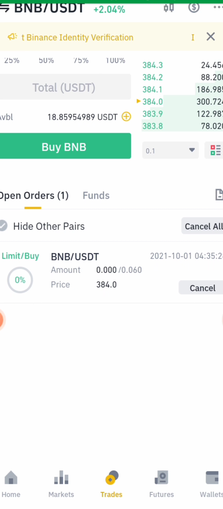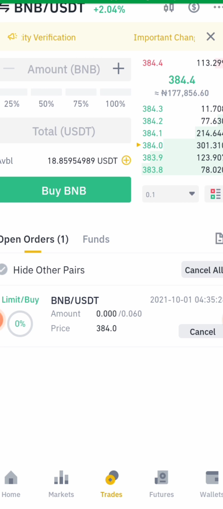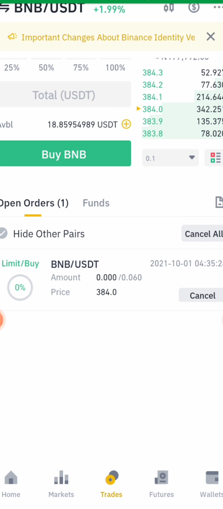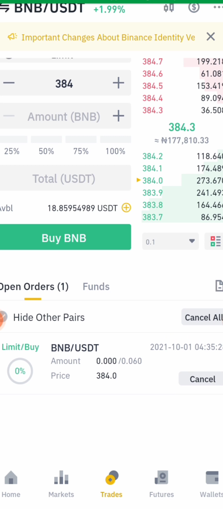That is how it goes, because the real thing that happens under this limit is that somebody somewhere has placed an order using limit that I want to sell when the price of this particular coin appreciates up to this point, or I want to buy when the price of a certain coin dips as low as this price. And you are now placing an order that you want to buy when the price comes like this, or sell when it goes like this.